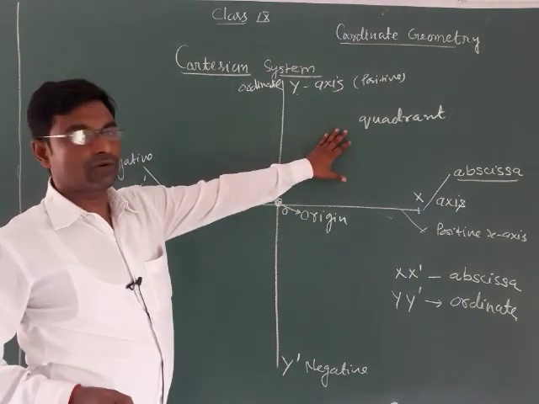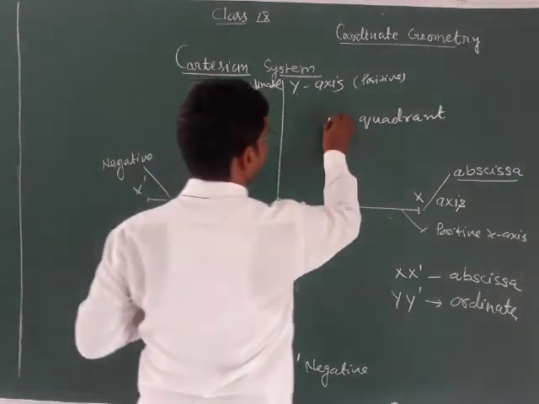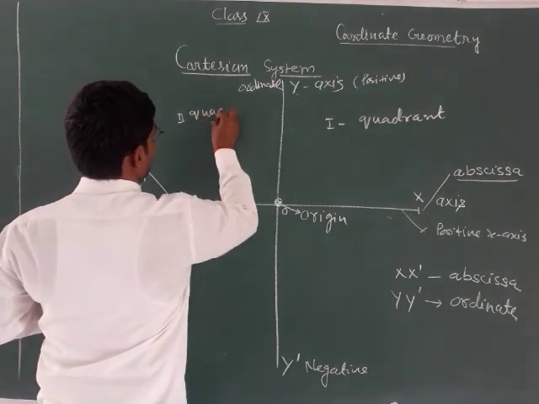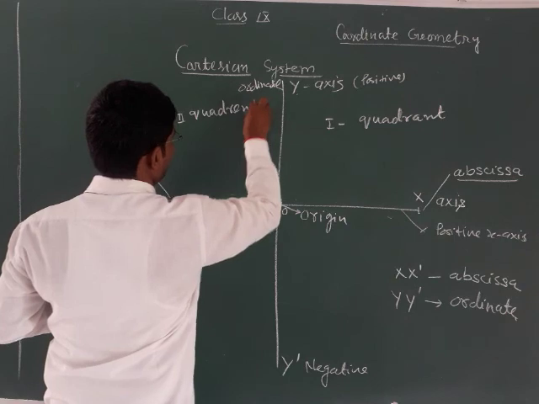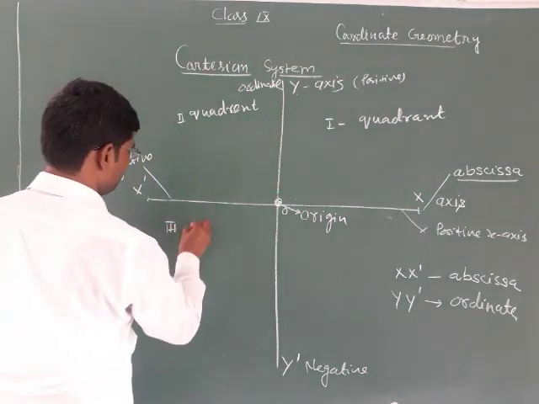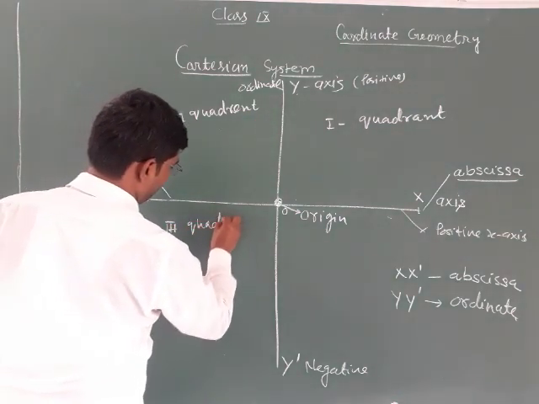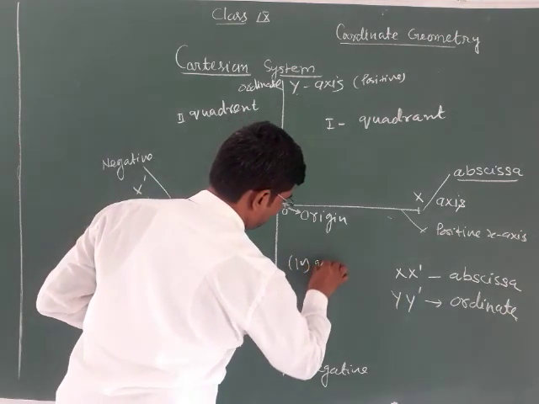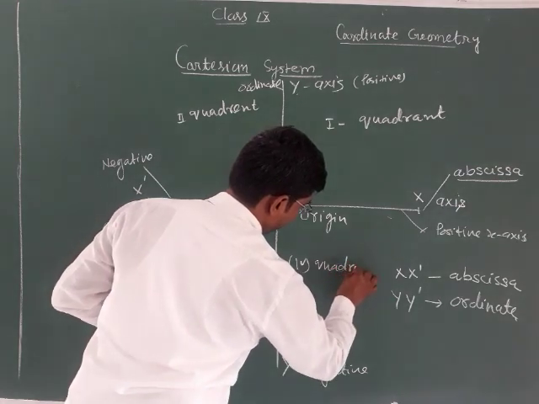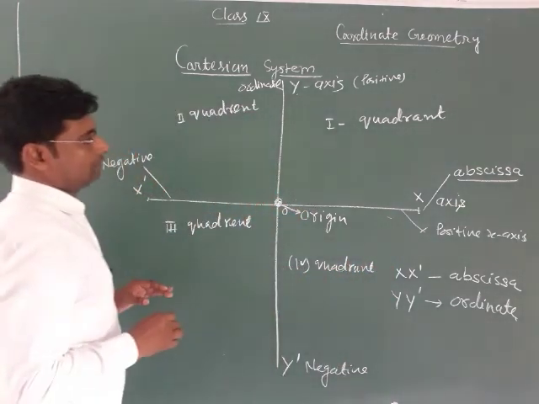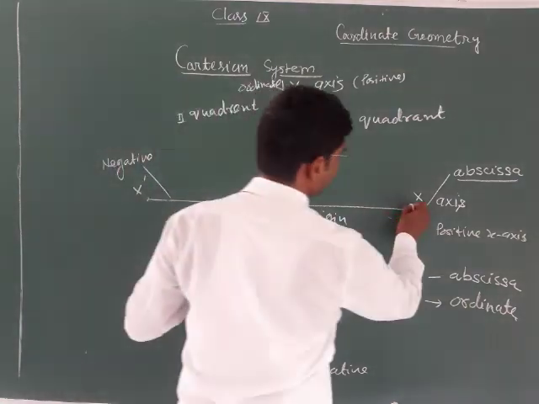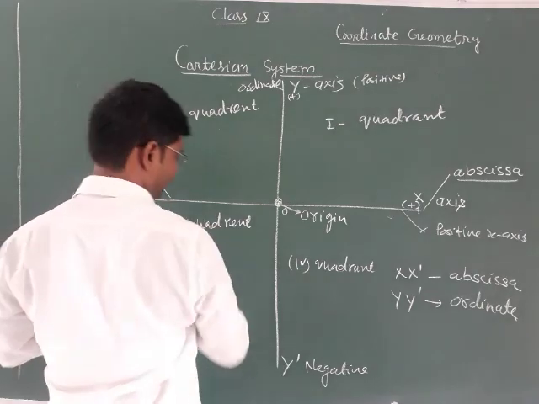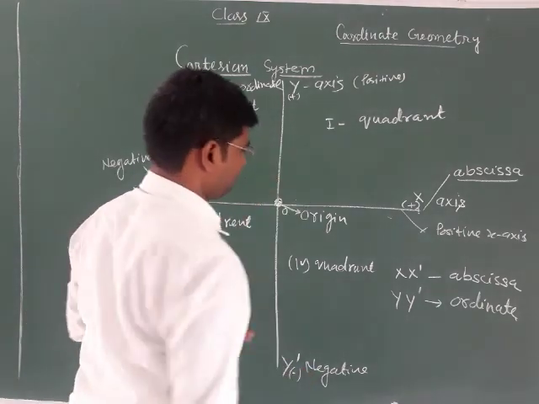This is the first quadrant, this is the second quadrant, this is the third quadrant, and this is the fourth quadrant. So this is positive and this is positive, this is negative and also this is negative.